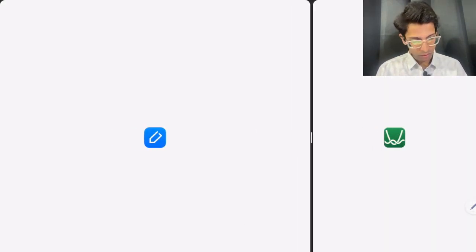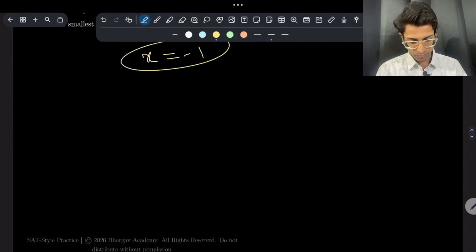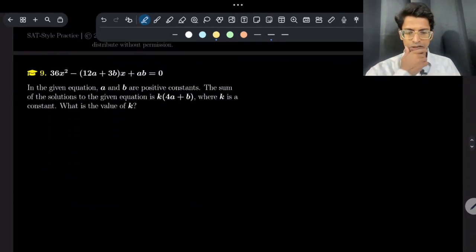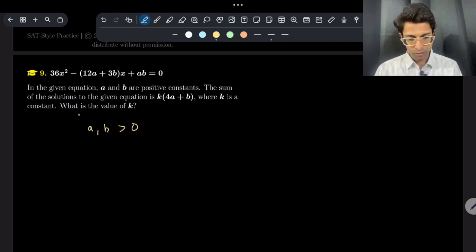Let's go to the next problem. So here we have a question: 36x squared minus 12a plus 3b x plus ab equal to 0. a and b are positive constants. The sum of the solutions to the given equation is k into (4a plus b).